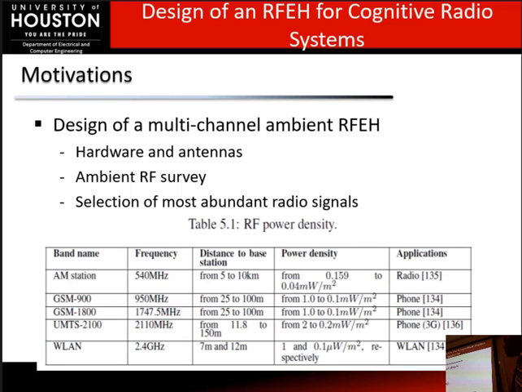So I also made some investigation to compare how much power density we have, depending on what energy source we have. So basically, the amount of power density is very low. The maximum we have here, for example, is only 2 milliwatt per square meter. So it's a very challenging topic.